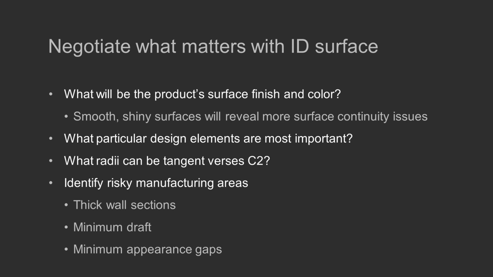It tends to be that a lot of times industrial design takes the stance that everything has to be curvature continuous, and this is where negotiation comes in on what needs to be C2 and what doesn't. A lot of times when radii are below 2, maybe even 3 millimeters, it's not really important that the radius be a curvature continuous fillet.